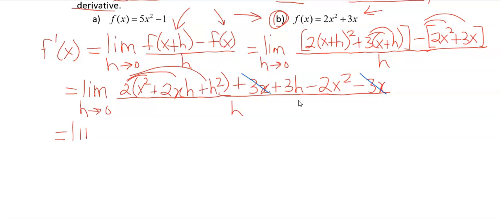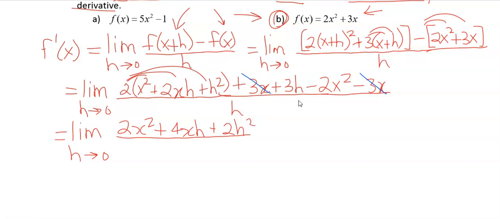So we have the limit as h goes to 0 of 2x squared, now I'm multiplying through the brackets, plus 4xh plus 2h squared. And then I also have plus 3h minus 2x squared, all over h.